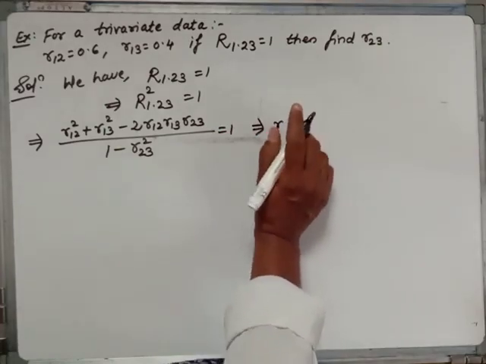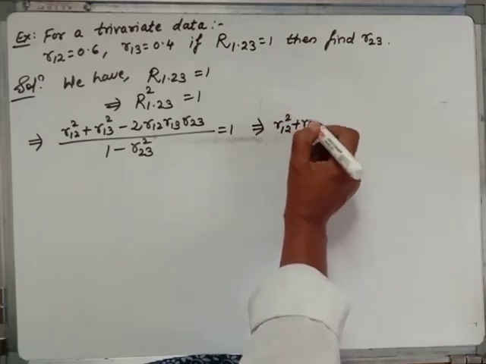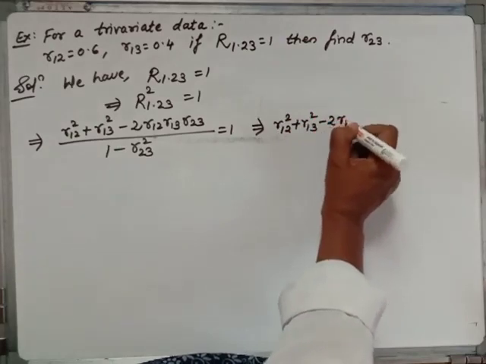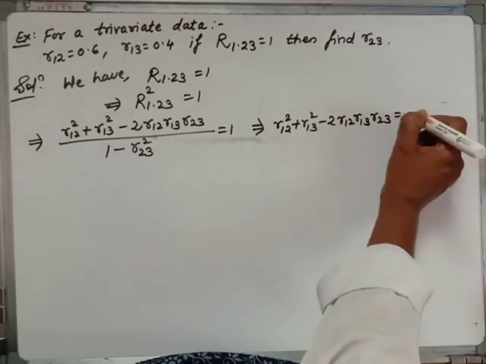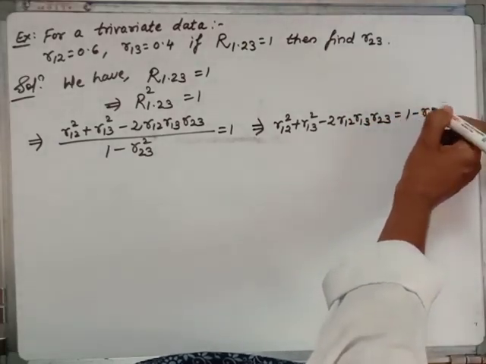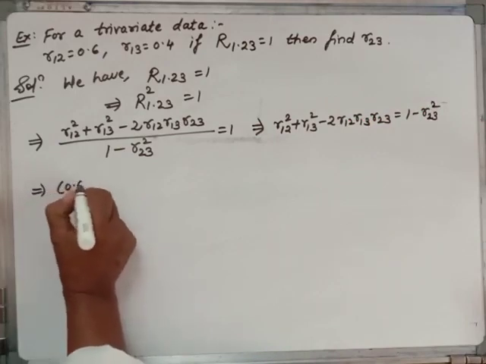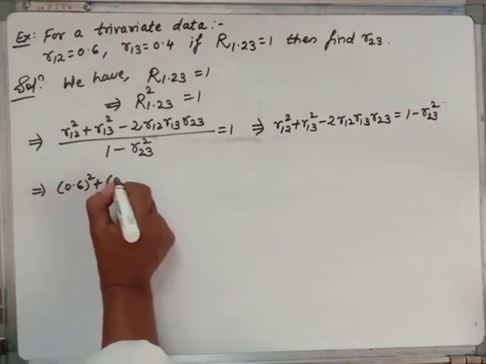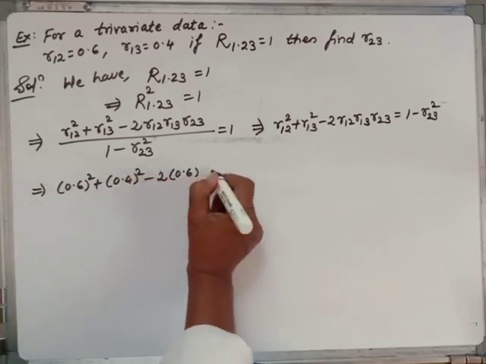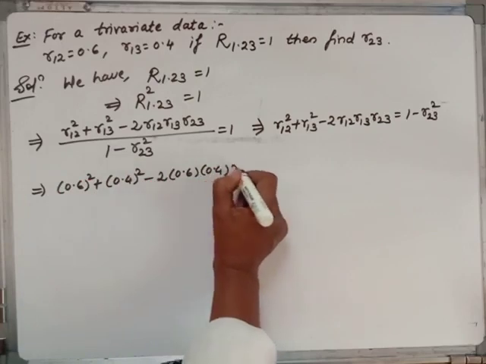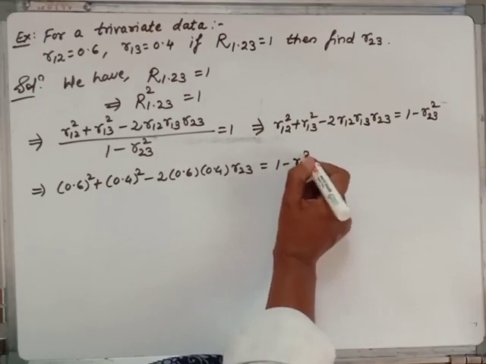So it implies R12 square plus R13 square minus 2 R12, R13, R23 equal to 1 minus R23 square. Put the values, what we get? 0.6 square plus 0.4 square minus 2 into 0.6, 0.4 into R23 equal to 1 minus R23 square.